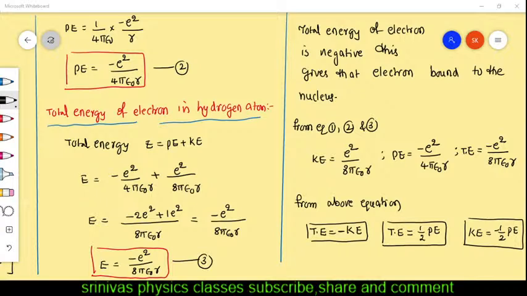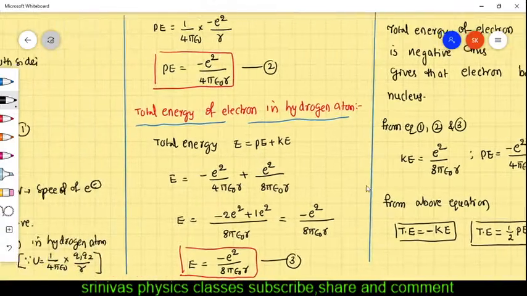Yes, electrostatic force only acts as a centripetal force. Electrostatic force means positive charged nucleus attracts the negative charged electron. You see here, you take the screenshots.